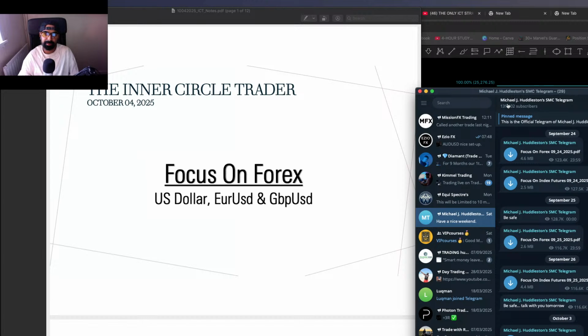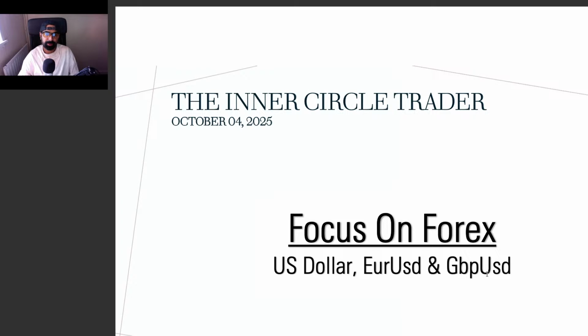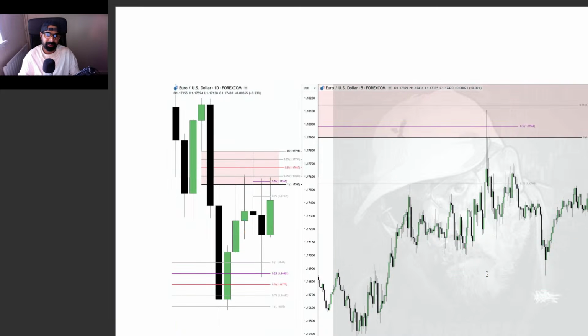Just go on Michael J. Huddleston. I was just looking at something like this. But yeah, focus on US dollar, Euro USD, and Pound USD. This is a great set of pairs you can have a look at if you trade some of these, which I do.